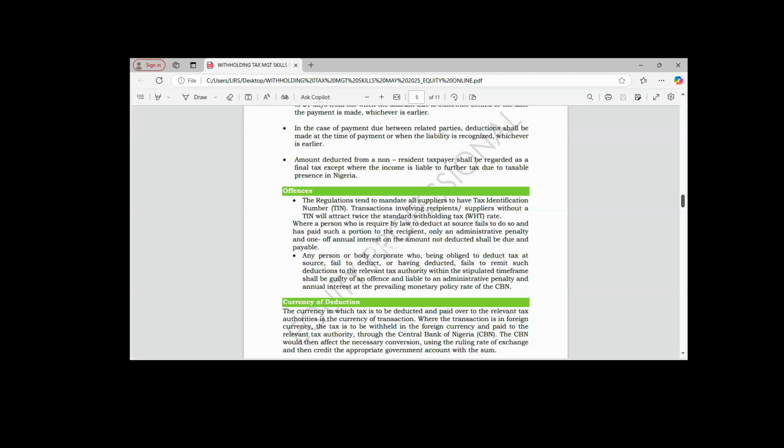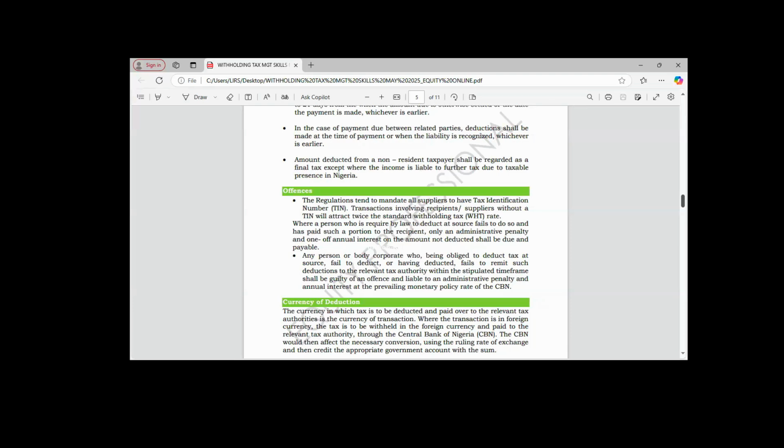You get that? It does not have a TIN number or payer ID. But where you already have it, maybe by default, you cannot charge two times. This one relates to where it does not have one at all, is yet to register. You have to charge 2 times the rate.